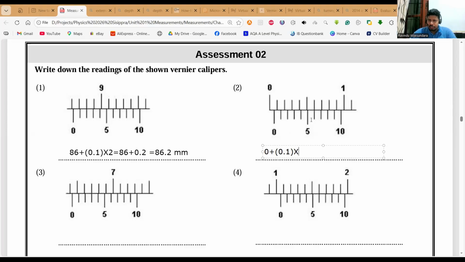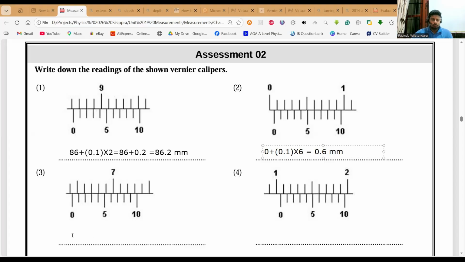This is the one which is coinciding with the main scale. That is the sixth division. Therefore, that is 0.6 millimeters. Right. Second one, 0.6 millimeters. That's correct. Okay, good. Most of you have got 0.6 millimeters for that one. Very good.